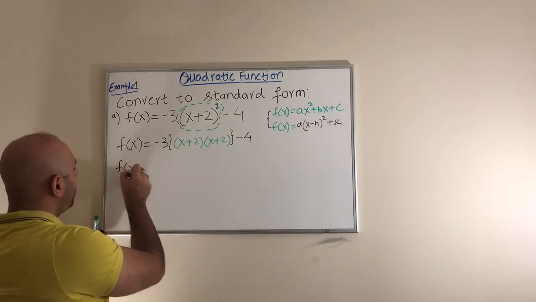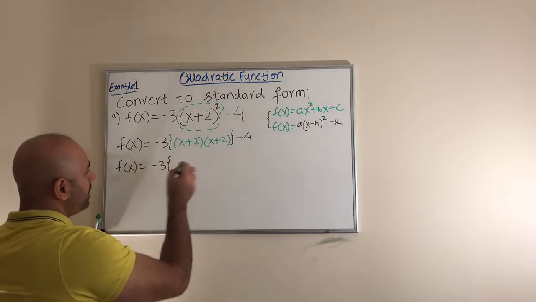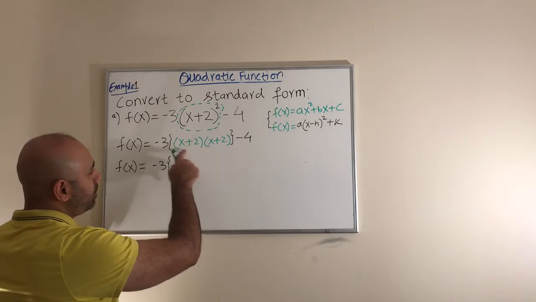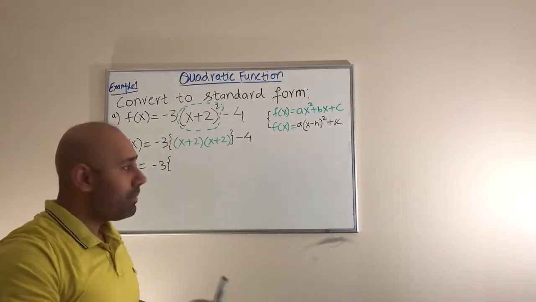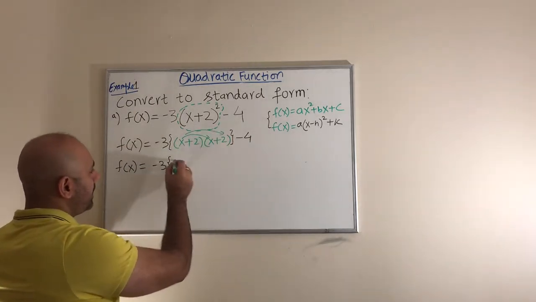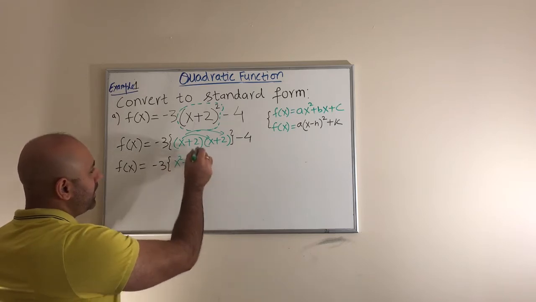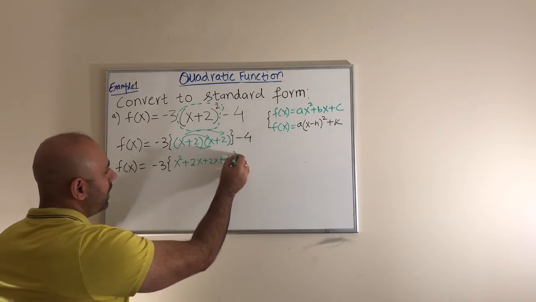So moving on, we have -3, and then here we are going to try to simplify the product of these two terms, which we can do by distributing or using the FOIL method, like this. So x times x is x squared, then I have x times 2, which is 2x, then 2 times x, again 2x, and then 2 times 2 is 4.